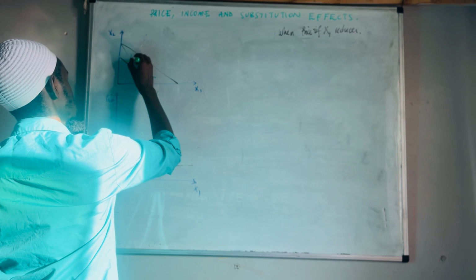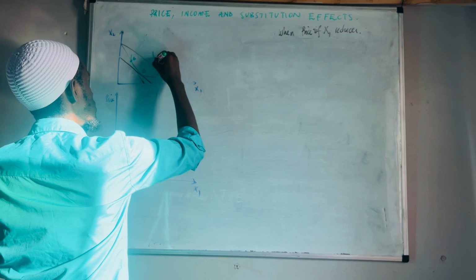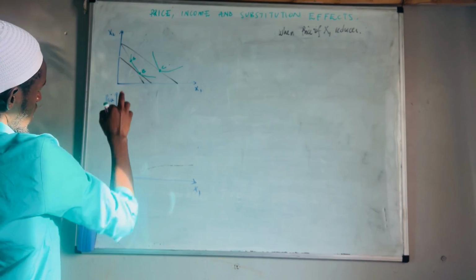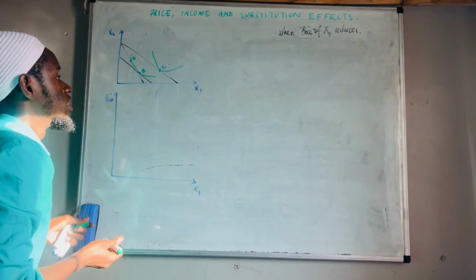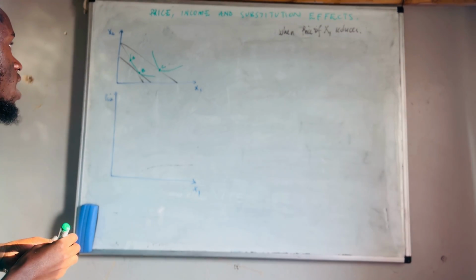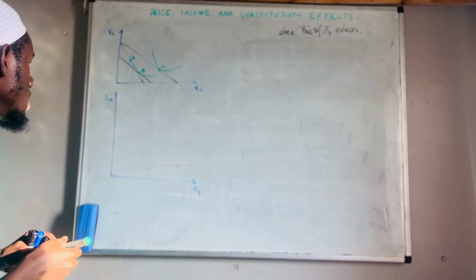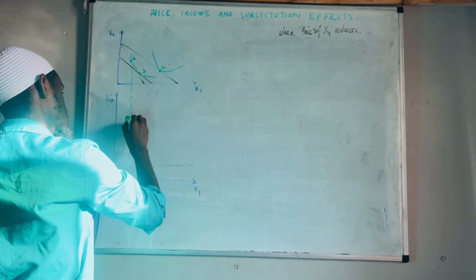I have point A, point B, and lastly point C. Coming from A to B is the substitution effect, coming from B to C is the income effect, and coming from A to C is our total price effect.